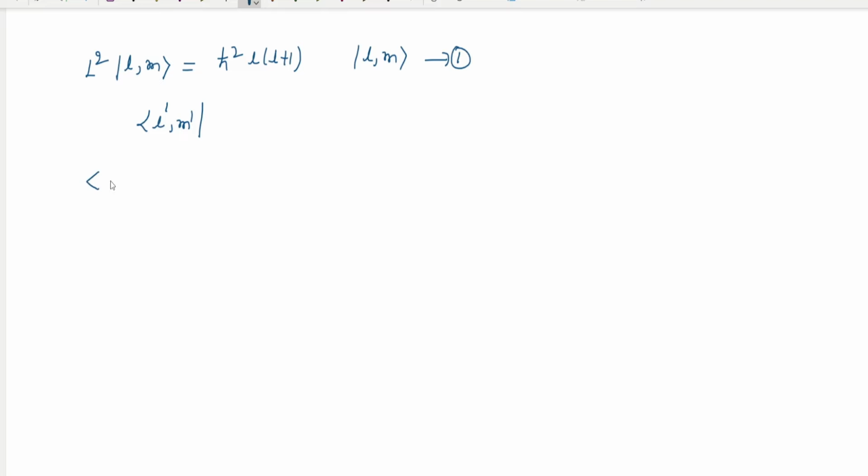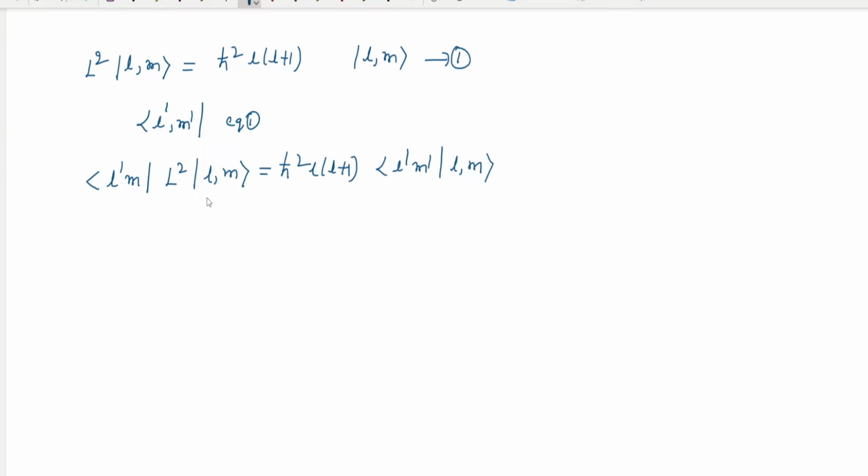Then we can write this equation like this: L prime M prime L square L M equal to h cross square L into L plus 1 into L prime M prime L M.